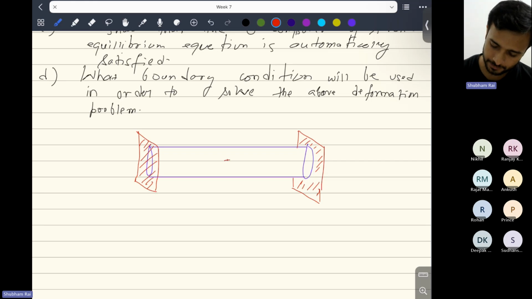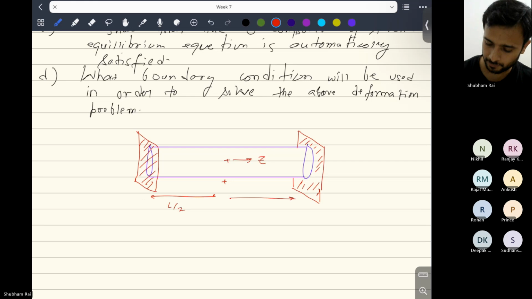Let's say at the center you have the z coordinate, and here this is L by 2 and this is also L by 2. And you're applying force, pulling these two rigid plates apart.